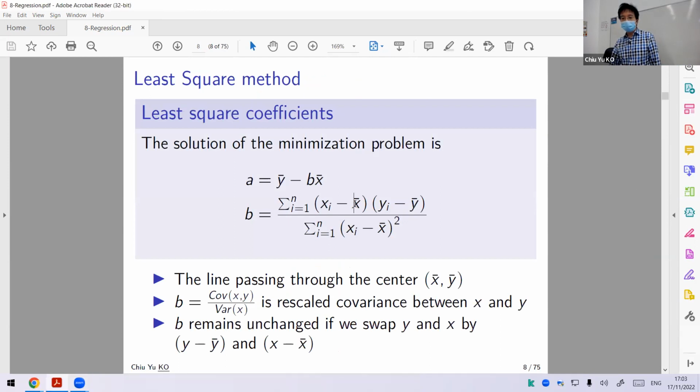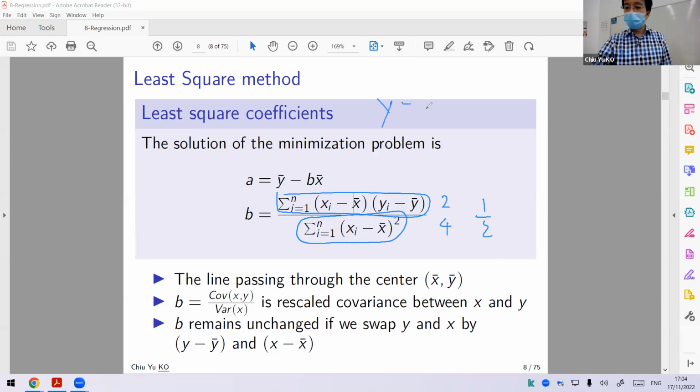If you double x, everything is multiplied by 2 times, so the numerator will be doubled by 2, right? And your denominator will be multiplied by 4, right? So the whole b is halved, okay? But if you have, say, a plus bx, and you double x and halve b, then you get back the original equation, right? So if you double x, it doesn't really make a difference. Okay, so that's why you have this equation.